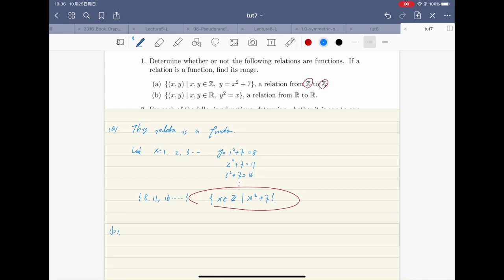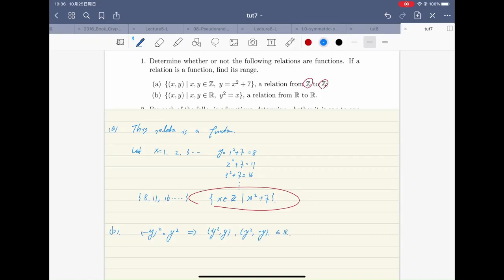Why? Because for every y not equal to 0, we have (negative y) squared equals y squared, which implies that both y and negative y are associated with y squared, and both belong to the real numbers.